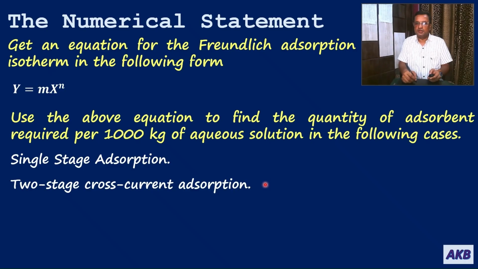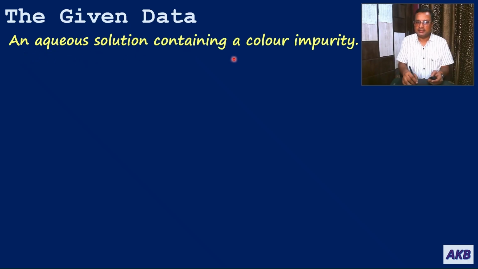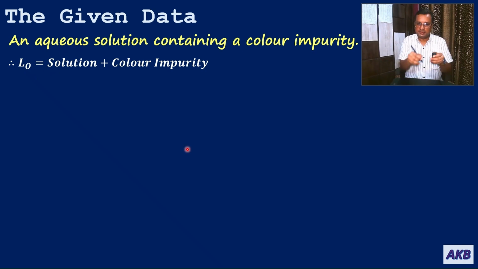So let us solve the numerical. To begin with, first of all, we will list what is given to us, that is the given data. So we have an aqueous solution that is containing a color impurity. The case is you have an aqueous solution plus the color impurity in it.